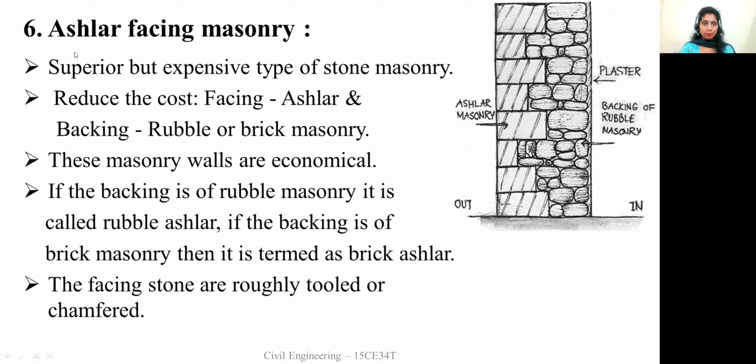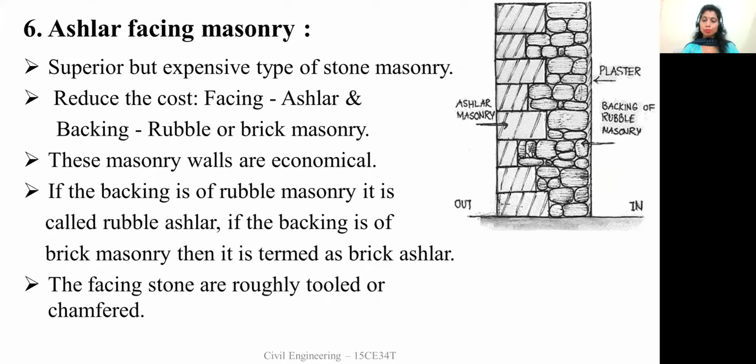So the name itself indicates ashlar facing masonry. To reduce the cost of construction of the wall, we will go for ashlar facing masonry. This is a superior but not expensive type of stone masonry, and it reduces the cost because for facing we are using ashlar masonry and for backing we are using rubble masonry.